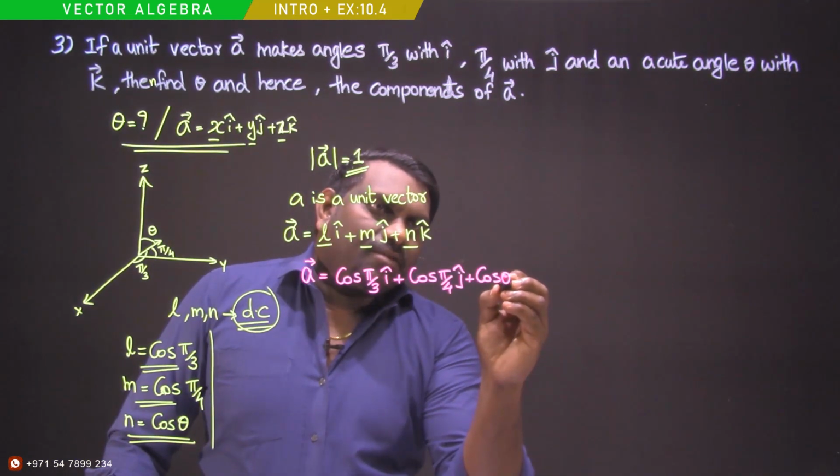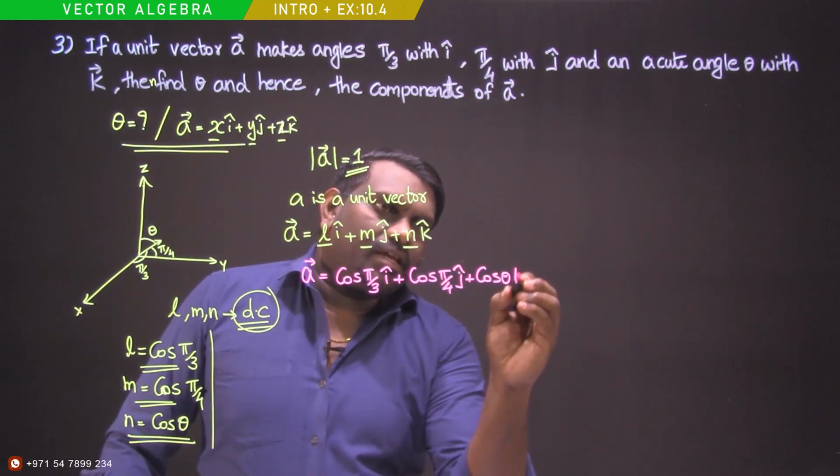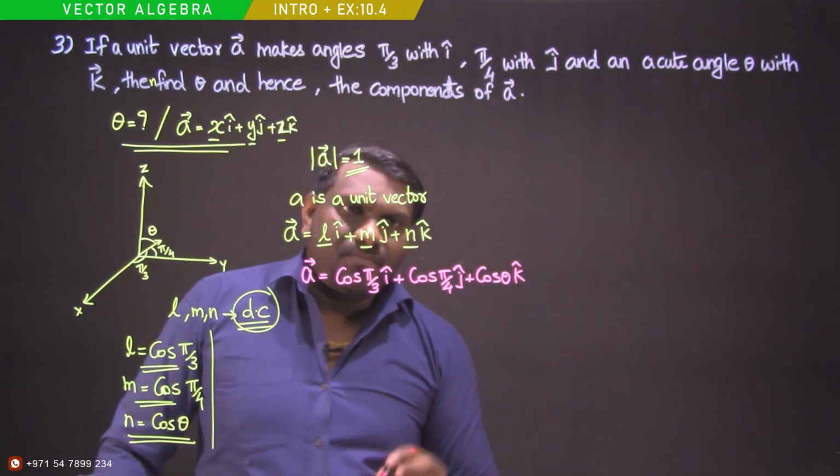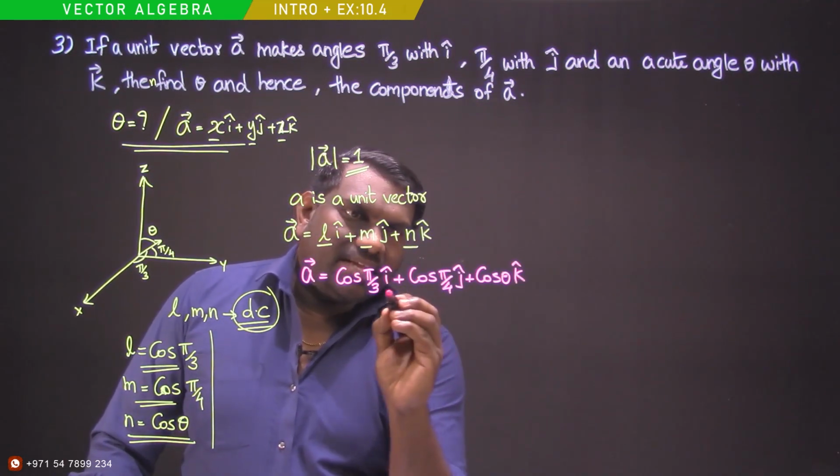So cos theta is given with the k vector. So that is done, and this is what exactly I am looking for.